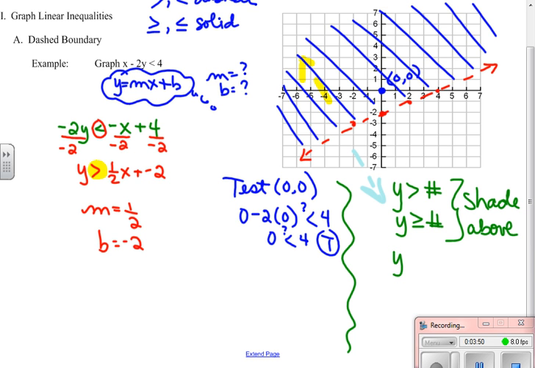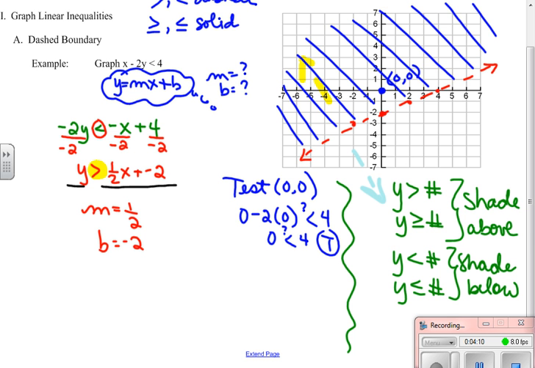If you have y less than or y less than or equal to some number or expression, then you shade below. So you can see in this case we had y greater than, so we shaded above. Both methods work. Choose whichever one makes the most sense and you consistently get them right.